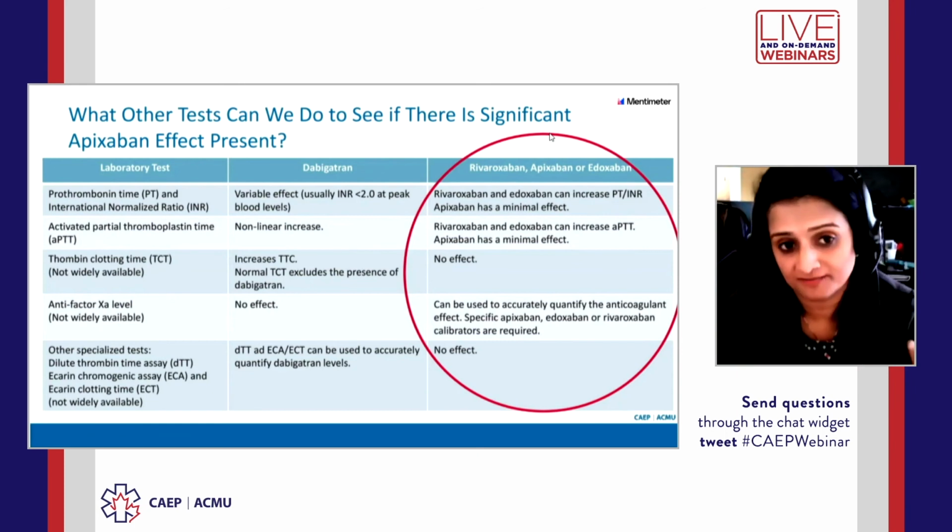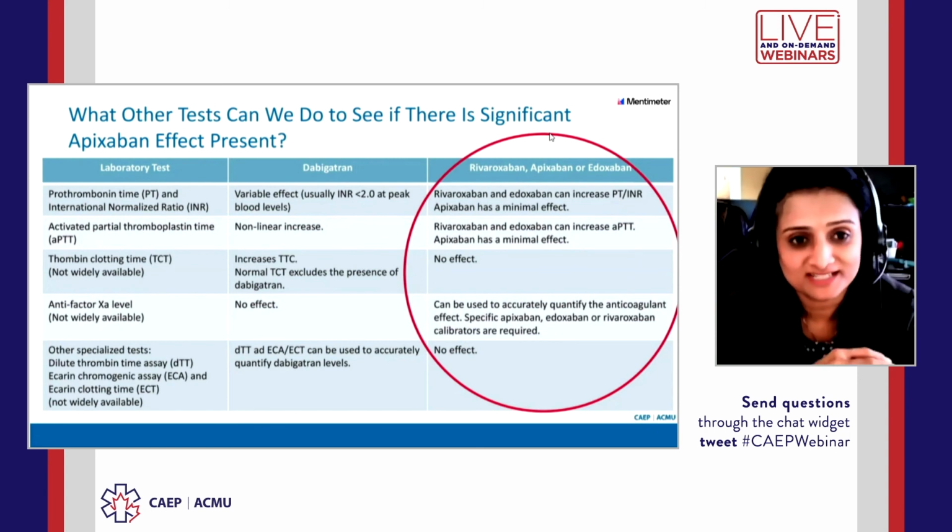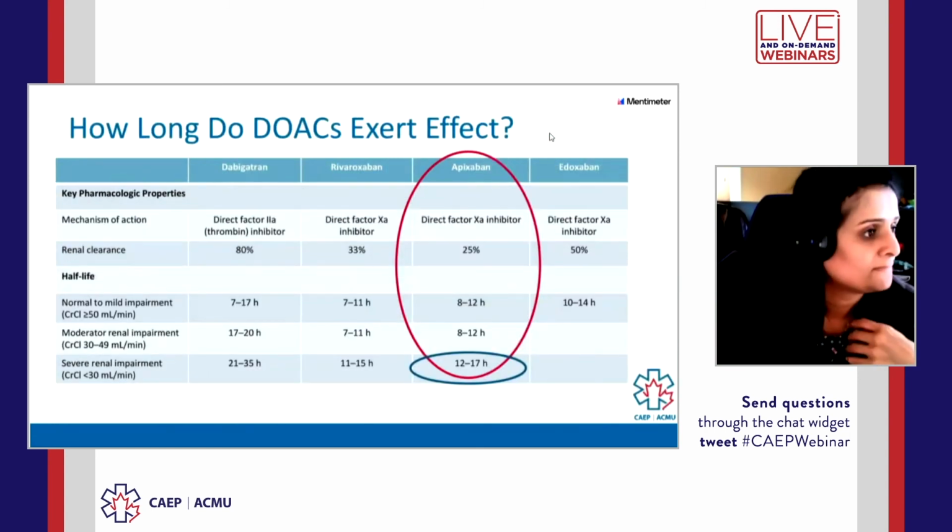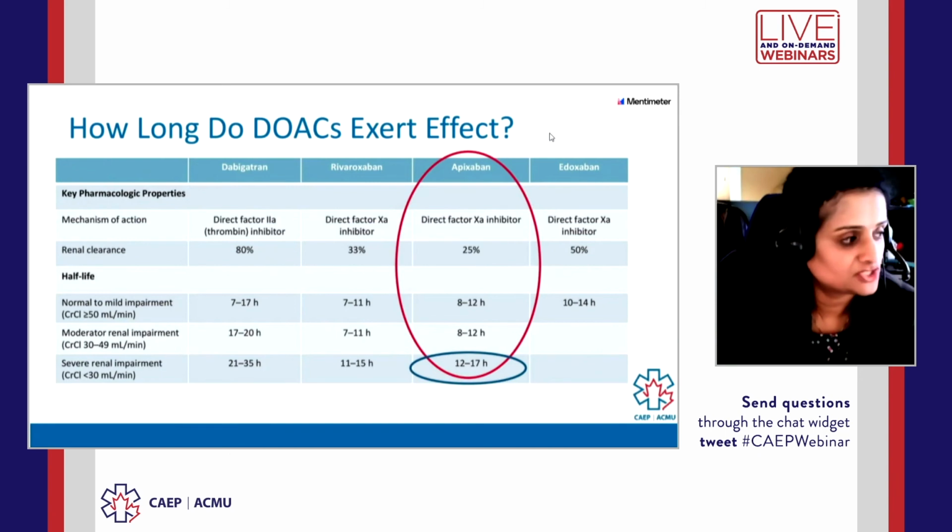In Calgary we have DOAC-specific assays, but again, I have never personally found the turnaround time helpful. So that's a challenge. Again, in terms of this specific patient, as you can understand, she definitely has a significant renal impairment. So her clearance of apixaban is going to be delayed, and its half-life would be prolonged in this kind of scenario.